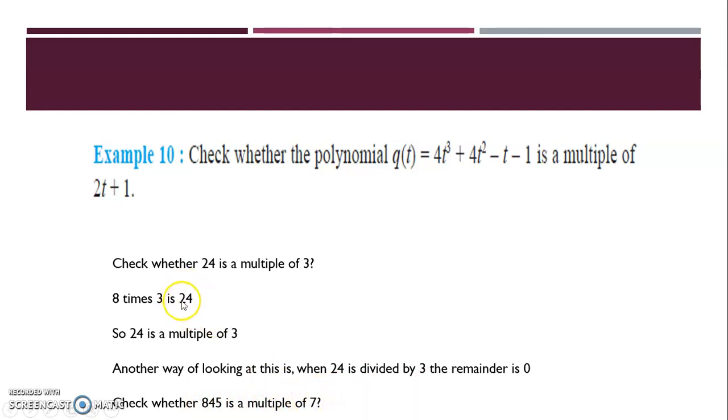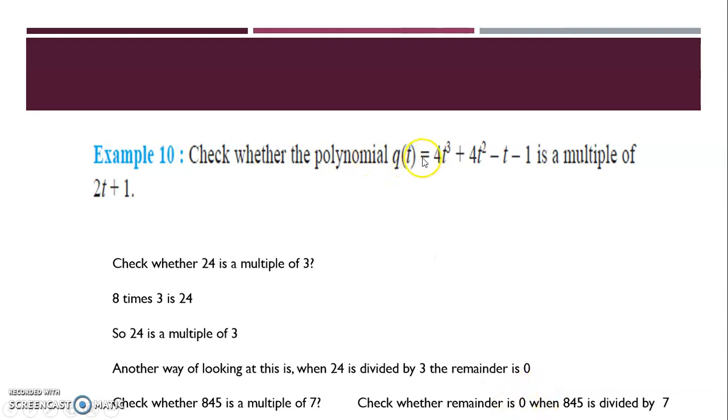For smaller numbers, we know the multiplication table and it is easy to do mental math. But for bigger numbers, how do I check whether this is a multiple of 7? I can't write the whole multiplication table up to 800. So I have to check whether the remainder is 0 when 845 is divided by 7. If it is a multiple of 7, the remainder will be 0.